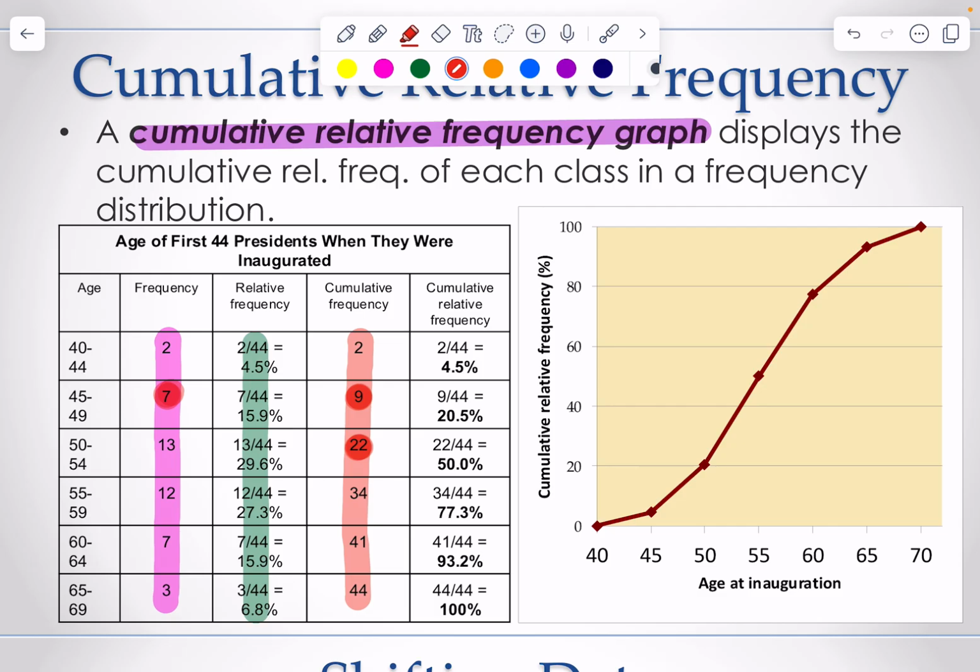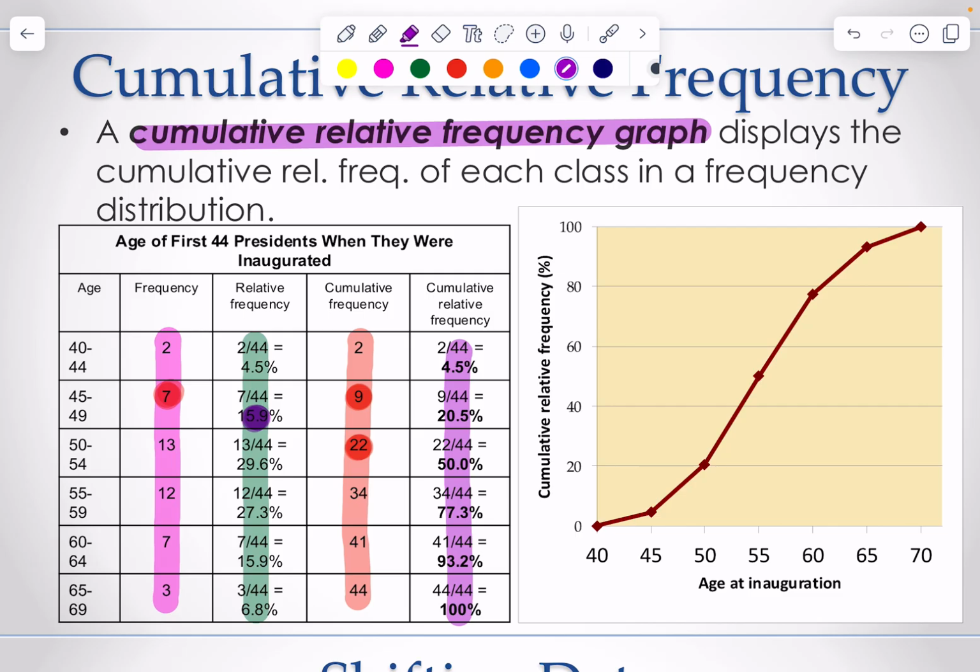And so when we convert that into cumulative relative frequency, in this last column, it's just a running total of what percent of values we've encountered up to that point. In that first class, 4.5% of the presidents were inaugurated by the age of 44. Then in the second class, we added another 15.9%.